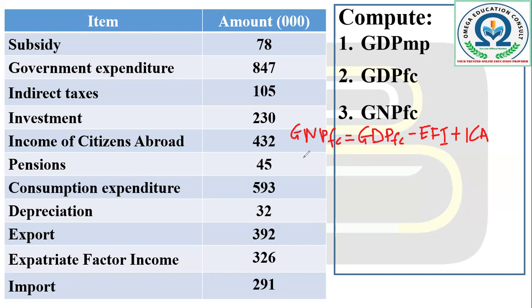Right. So now we indicate our formula, we indicate the values. So GDP FC, it was the value that we got for the GDP FC, right? So that is, sorry, there shouldn't be an equal sign here. So the GDP FC is 1,744,000.